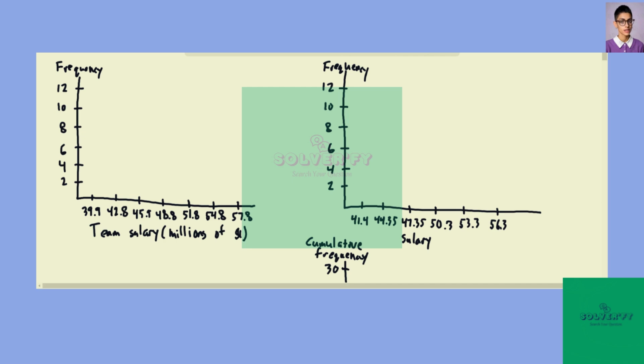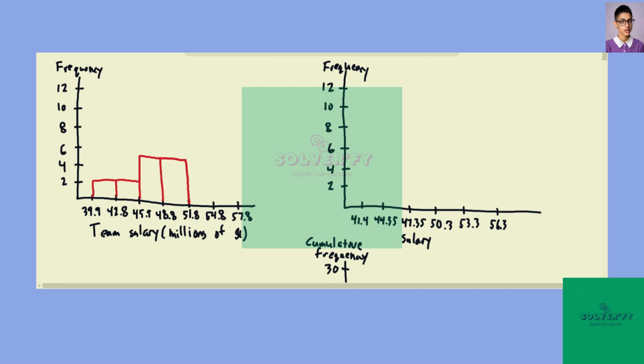Okay, so our first one here, our histogram. We'll just take from our data. Our first class had a frequency of 2, so we'll draw our box of 2, and the second class is also 2. Our next class was 5, so we'll draw a 5 on there. The next class is also a 5.